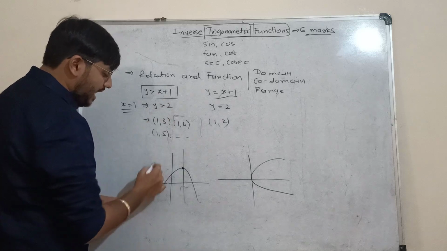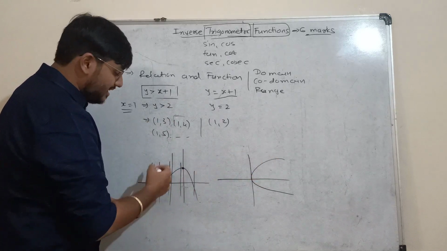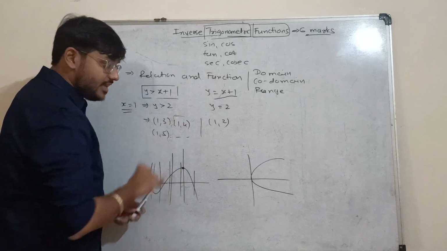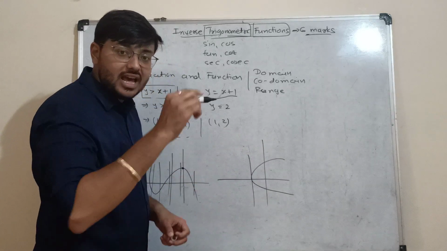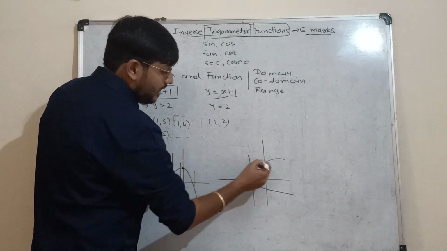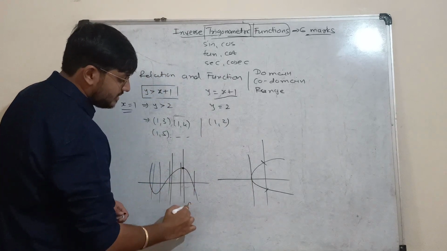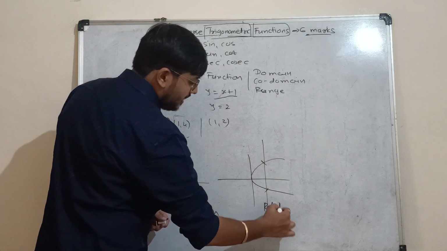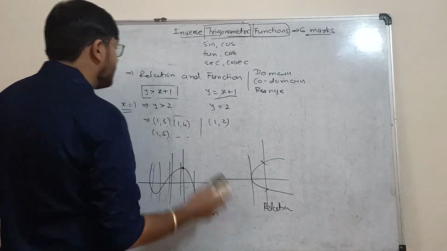So if you take any number of perpendicular lines, all those lines will intersect the graph of the function at a unique point. Whereas in relation, a perpendicular line can intersect the graph of the relation in more than one point, right? So we can clearly say that this is the graph of a function and this can be the graph of a relation, right?